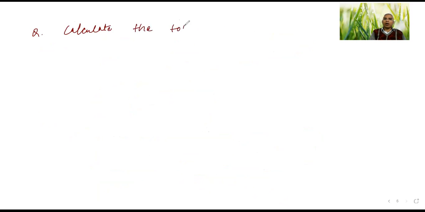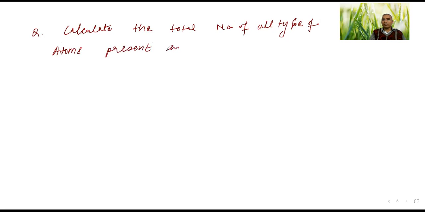Question: Calculate the total number of all types of atoms present in 179.2 liter of CO2 gas. Let me check how much volume they have given, I'm checking in the book.